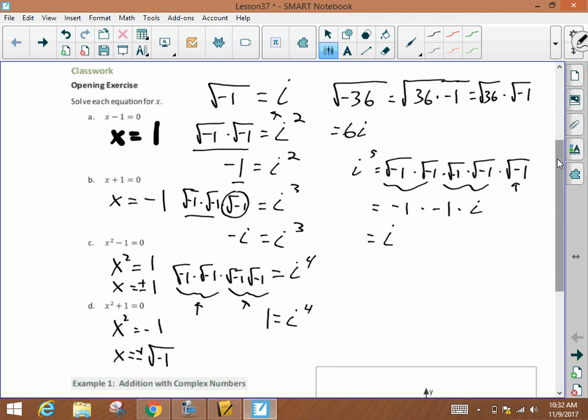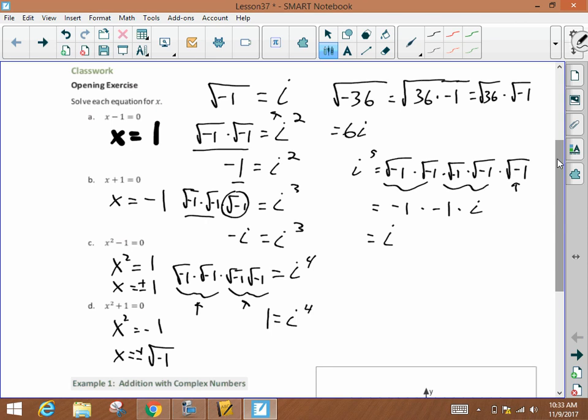Like on the cube, you have negative i cubed, and that's three of them. So this one times this one is negative 1, right? And that is i. So negative 1 times i is going to give you negative i.